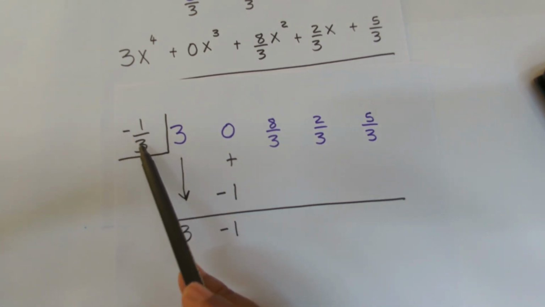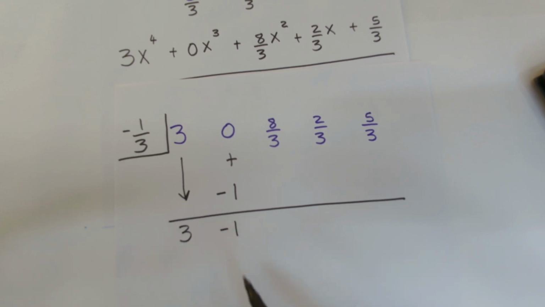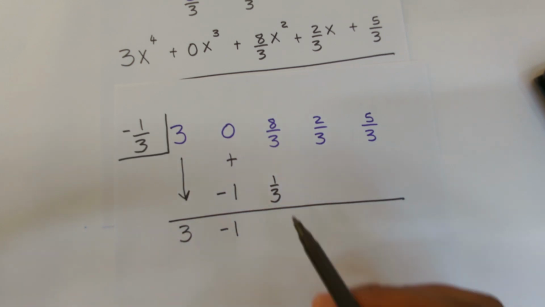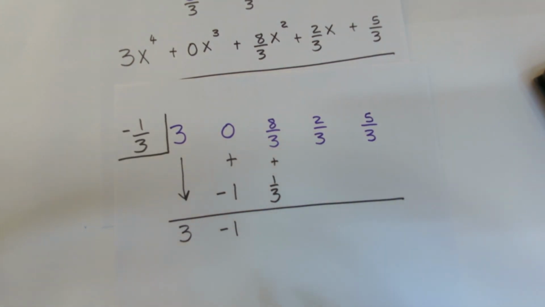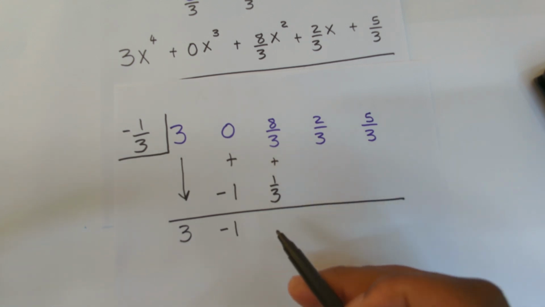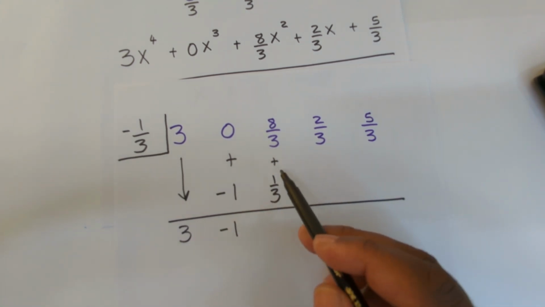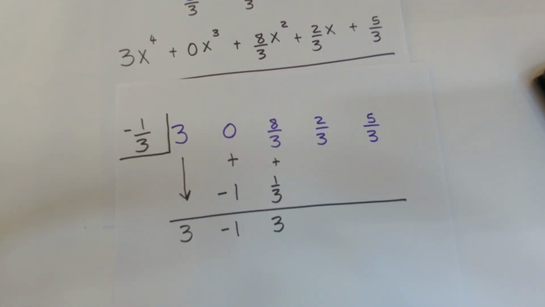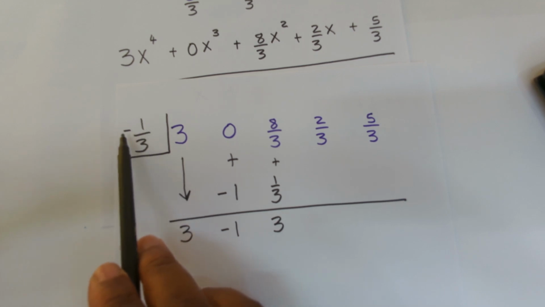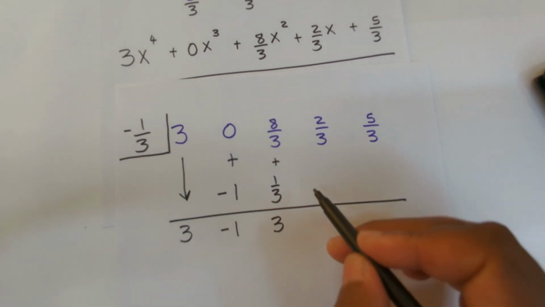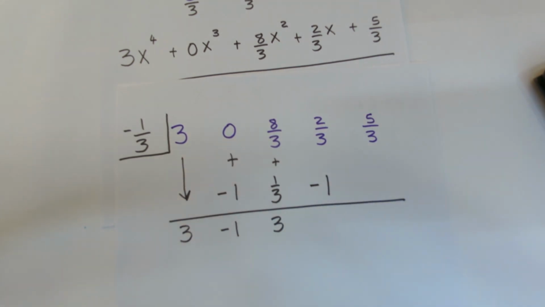Negative 1 over 3 multiplied by negative 1 will give us a positive 1 over 3. And we add 8 over 3 plus 1 over 3. It will give us 9 over 3, which is just 3. And then we multiply negative 1 over 3 multiplied by 3. It will give us a negative 1.